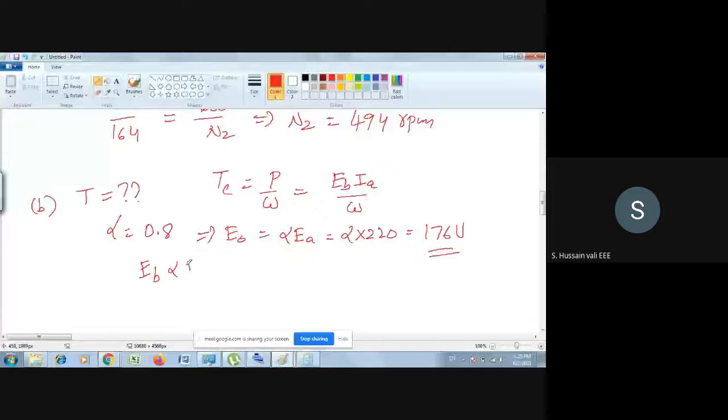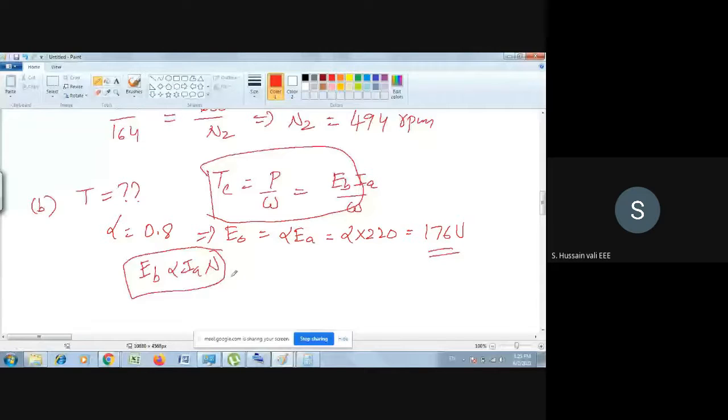Now this conception is possible. EB is proportional to IA into N. Also you know another equation, that is P equals EB into IA by omega.